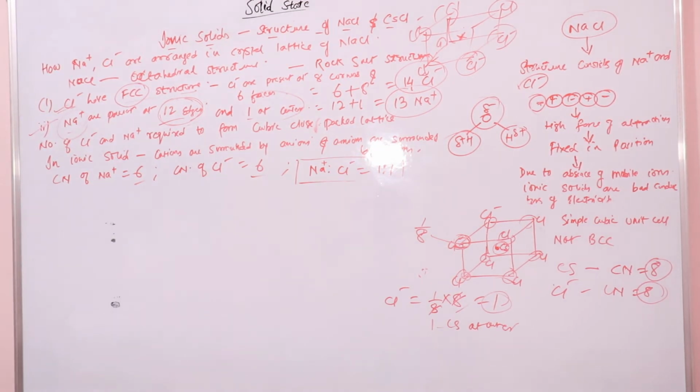And we were talking about the effect of temperature and pressure. High pressure will favor high coordination number, and high temperature will favor low coordination number. So if we apply high pressure on sodium chloride, its coordination number will increase to 8, and it will change into the cesium chloride structure.